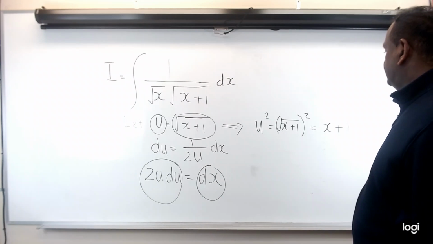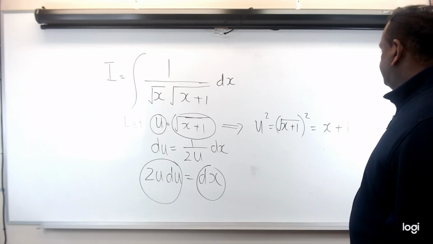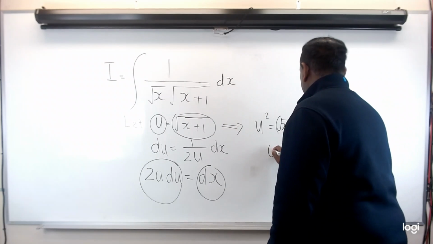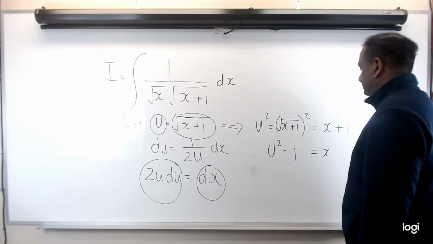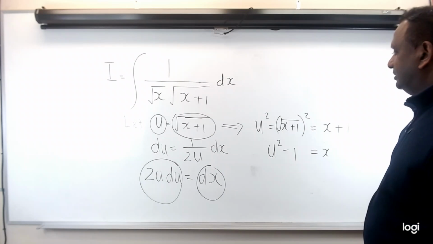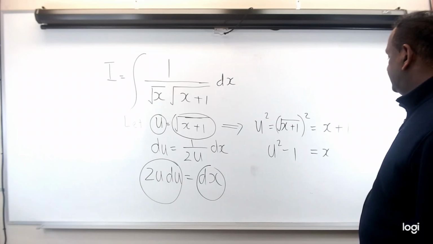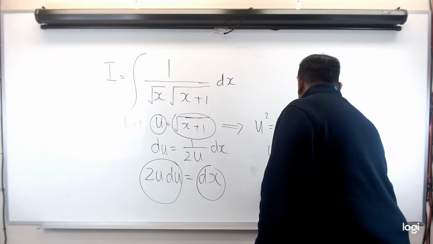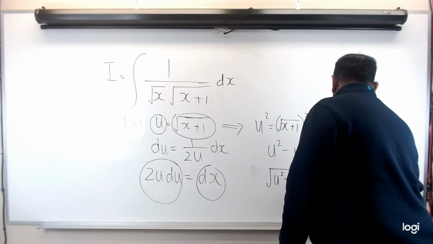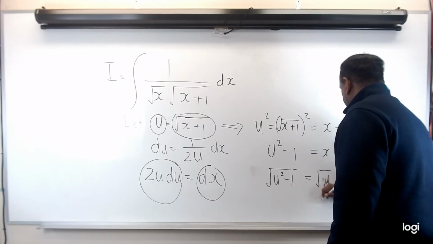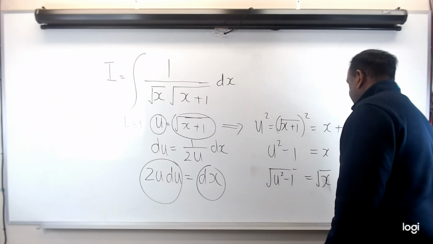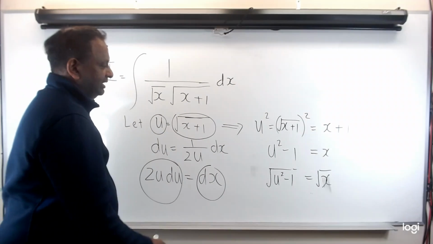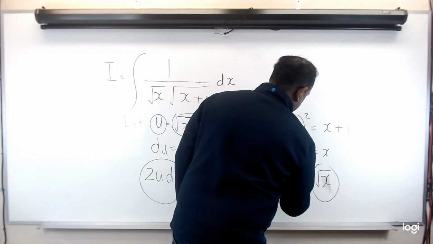Then I need the x by itself, so this is u squared minus 1. Then I need the square root, so root x is the square root of u squared minus 1. Positive root x. So root x can be replaced by this term.